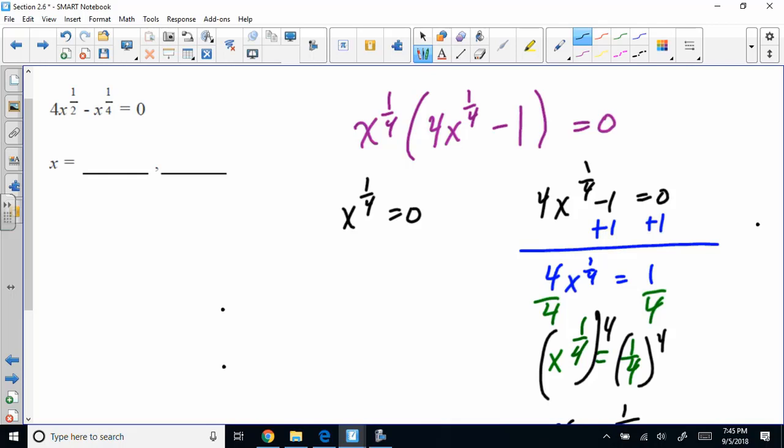What's 4 to the fourth? 256, right? And that would be x squared, right? Equals, what's this? x, right? That has to be x squared here, right?